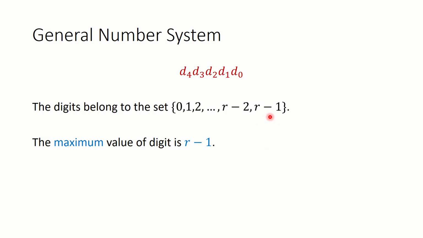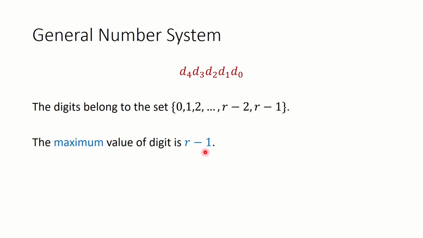Similarly, for any number system, if the radix is r, then it will consist of symbols or digits which run from 0 to r minus 1. It will not have r as a digit. So, the maximum value of the digit is r minus 1.